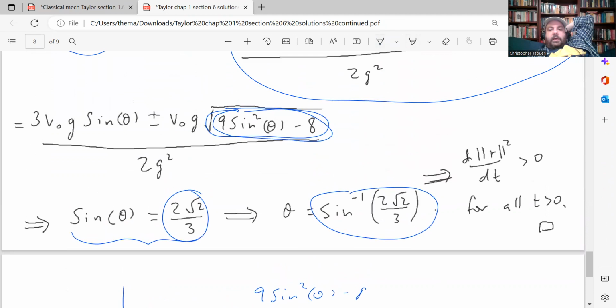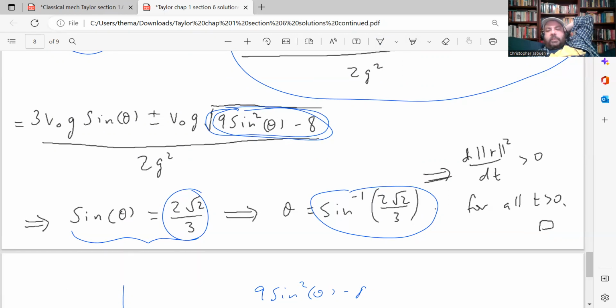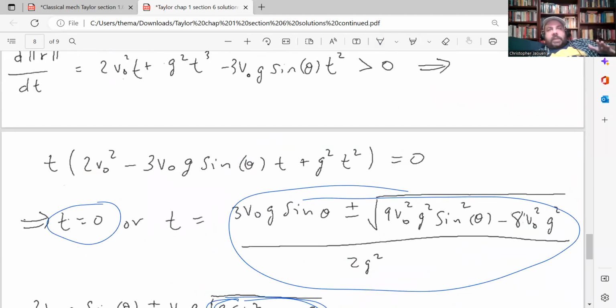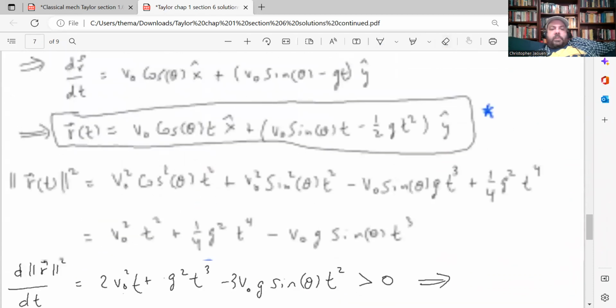For every angle theta between 0 and arc sine of 2 root 2 over 3, the derivative of this thing is always positive for all t greater than 0, which means that for all of those values, the distance from the cannon is increasing with time, the whole way. And that's the solution to all of the problems.